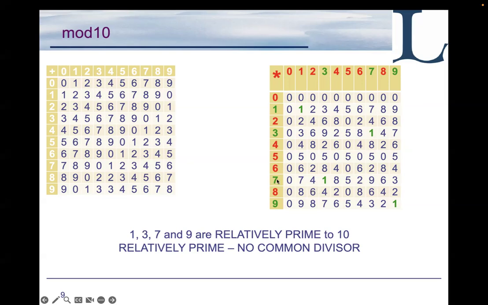If you multiply 7 by 3, it is 21, and modulo 10 it is 1.